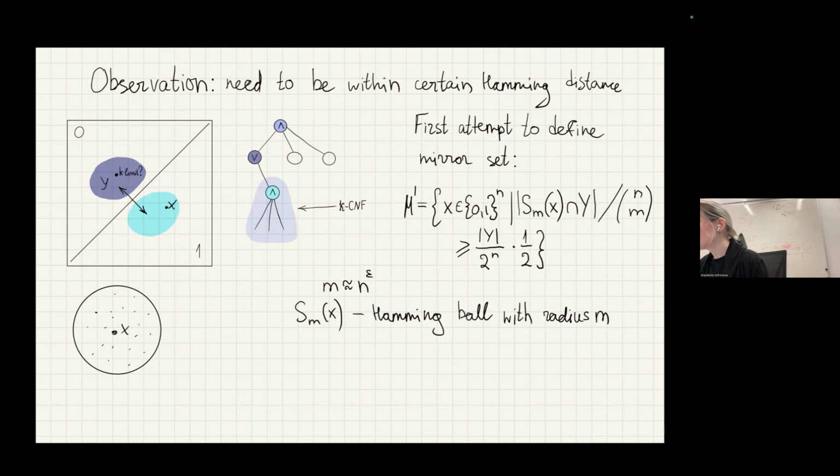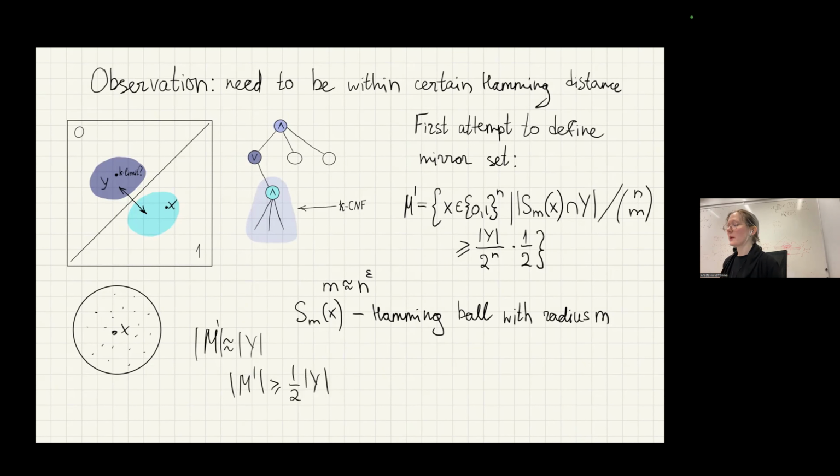So then I want to apply, for example, Markov inequality or something like this, and to use this a little bit of slack that I have to say that actually M prime that I've defined here would be roughly equal in size to Y. In fact, the size of M prime should be at least like 1/2 of the size of Y. So does this make sense up to this point?